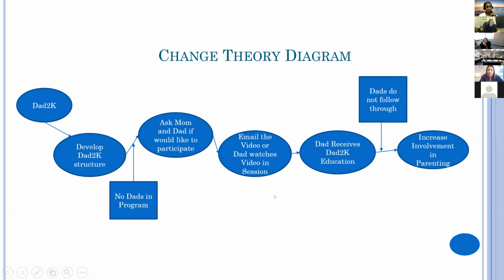So we tried a couple of different approaches. And then they would receive that education. We did run into some disruptors of dads not following through and watching if we didn't do it in the session with them, and not following through with watching it on their own. And then with that, the overall goal was to increase involvement from the dad in parenting.